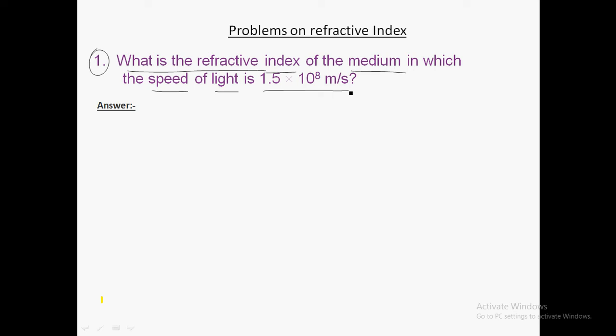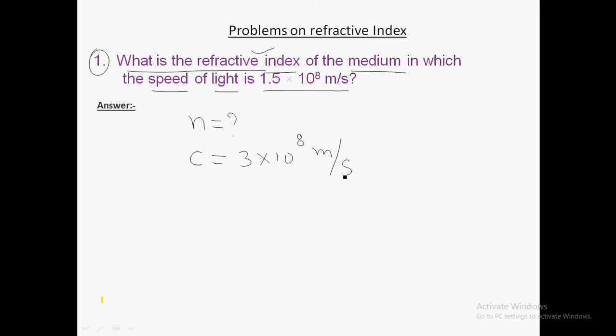Means we need to find N. The speed of light, denoted with c, is basically 3 times 10 power 8 meters per second.